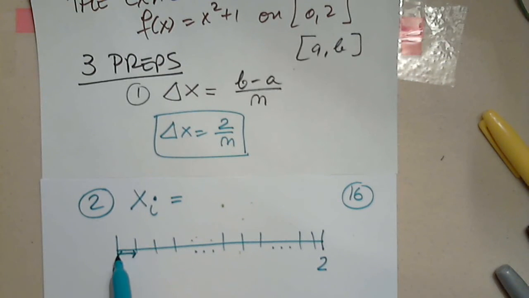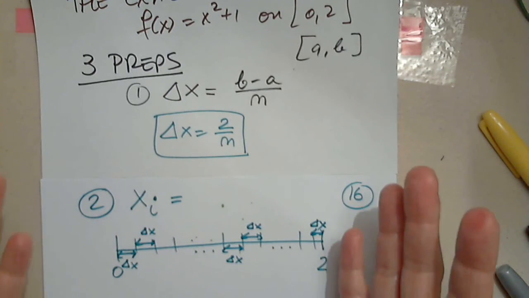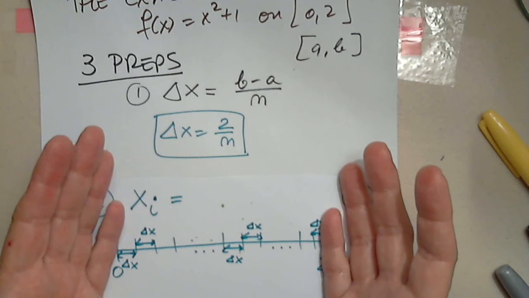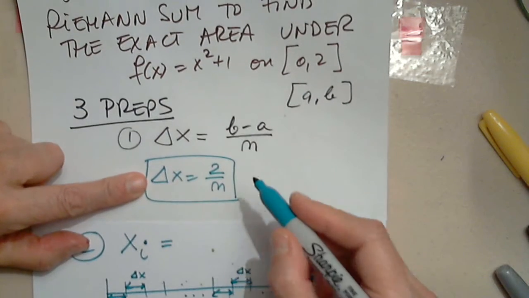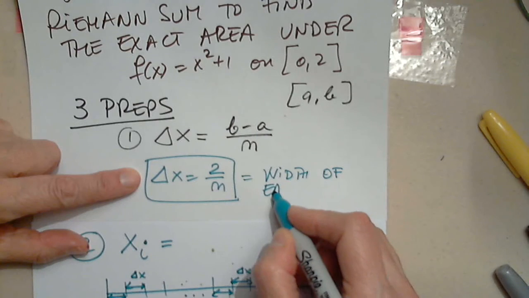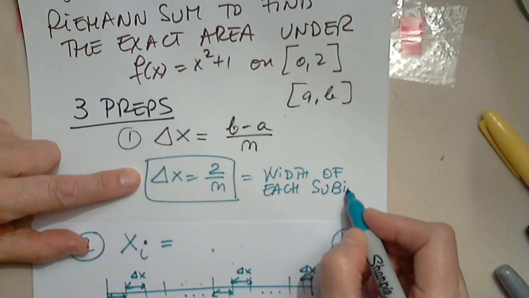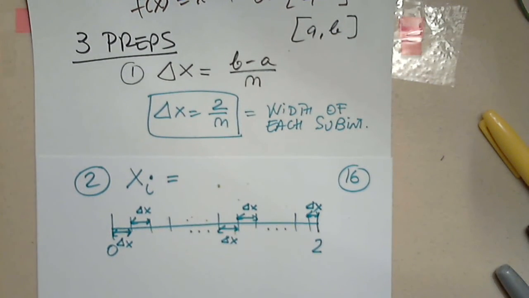This piece is 2 over n, or delta x. This piece is delta x. This piece is delta x. Everything is delta x. I divided the interval between 0 and 2 into n subintervals of the same width. Maybe I should write it here. Width of each subinterval. Now, before we write this, we are not ready yet.